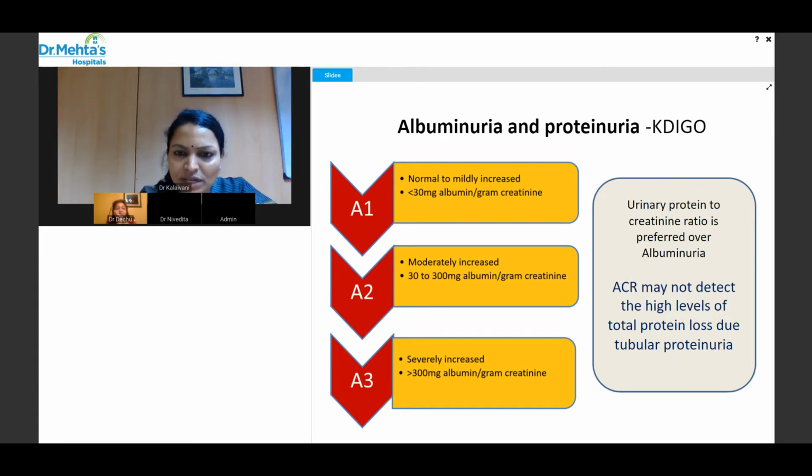We should always remember that in the pediatric population, the urinary protein to creatinine ratio is much preferred over albuminuria. This is because the common cause of pediatric CKD is congenital anomaly of the kidney, where detecting albuminuria alone may not detect the high levels of total protein loss due to tubular proteinuria.